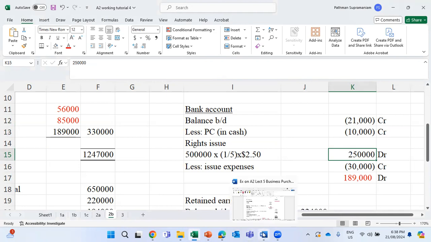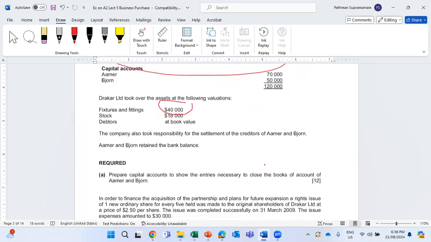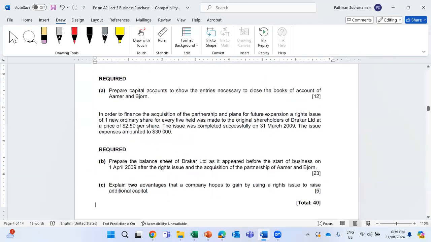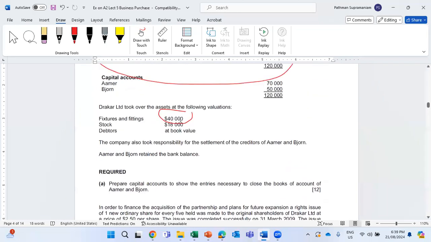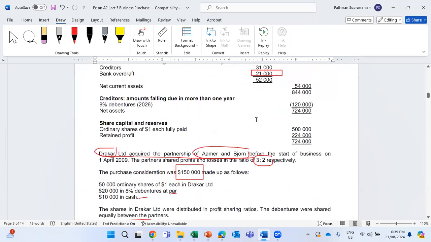So how do we get that? It says here, the original shareholders, 1 share for every 5. So you need to determine what's the original number of shares. So the original number of shares is 500,000 divided by 1. So there were 500,000 shares.